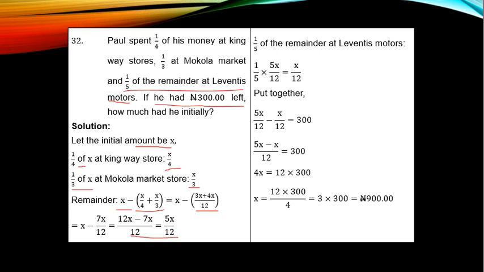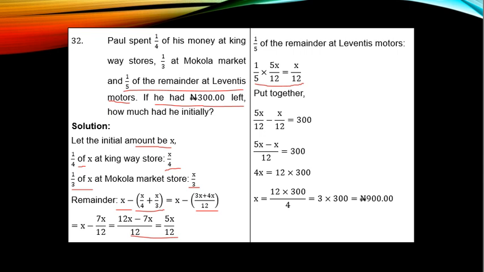So he spent 1/5 of this remainder at Leventis Motors. 1/5 of the remainder means 1/5 times 5S/12, and that is S/12.